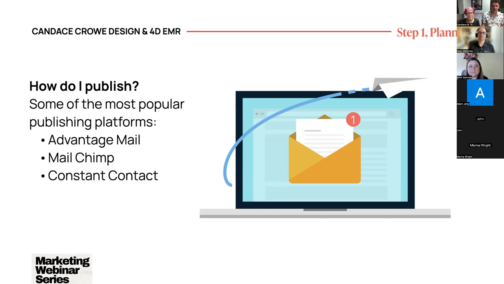All of the templates, all of the ready-made content in there is specific to the types of things you're going to be promoting. You can, of course, use other options like MailChimp or Constant Contact, but it is important to use an official email marketing platform.